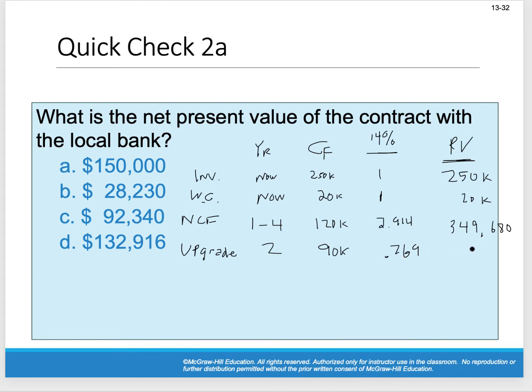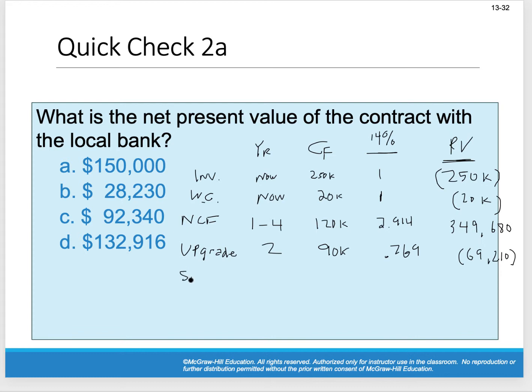That gives me $69,210, and that's an outflow, so it needs to be negative. The 250,000 that we did up here is also an outflow, so that needs to be negative, and so is the 20,000. Okay. Now the next two things I have is the fact that my working capital is going to be released, and I have a salvage value.